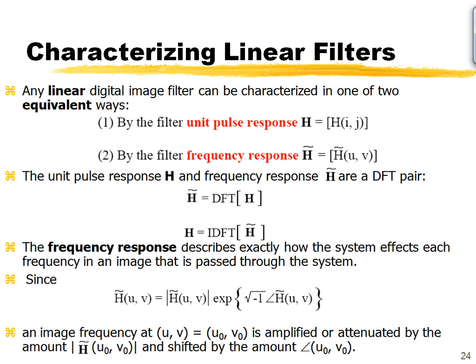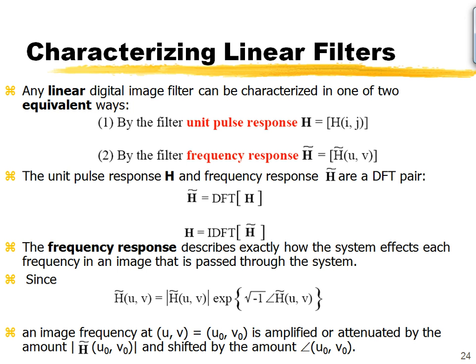So I have a filter H, I take its DFT, and immediately what I would get is, of course, H tilde, right? H tilde will have a certain magnitude and a phase. And that's exactly what that filter does. It will modify the input image's frequency by the magnitude expressed here, and it will alter the phase according to the phase expressed here, right?